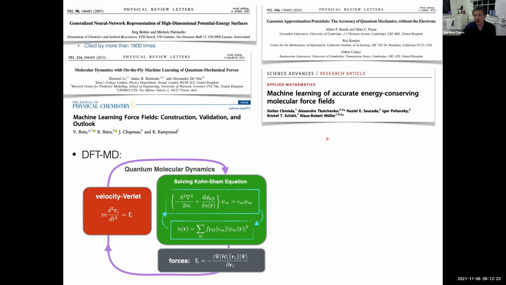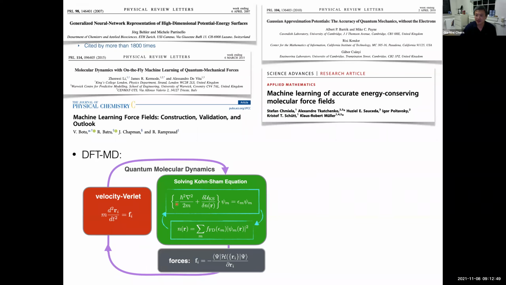People in quantum chemistry and materials science have been looking into this for almost 20 years. Here I show some of the important papers in this direction. For example, this paper by Behler and Parrinello has been cited more than 1,800 times. In their community, they want to do so-called ab initio molecular dynamics simulations.